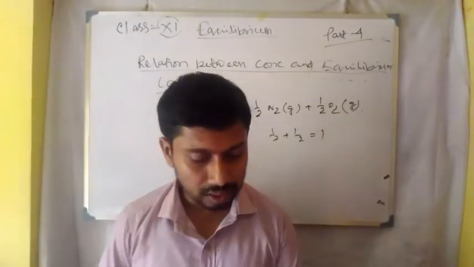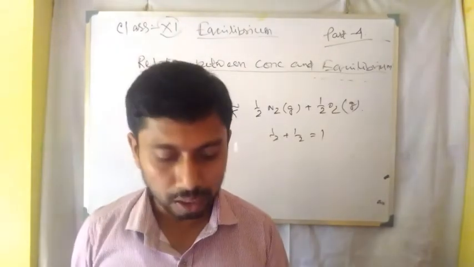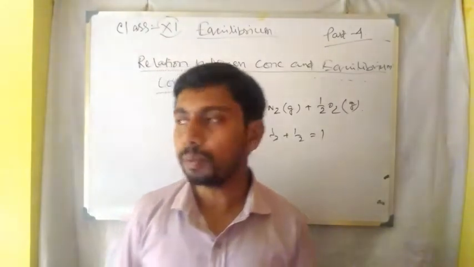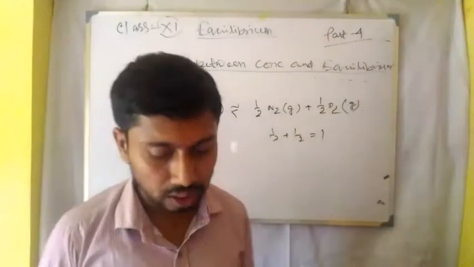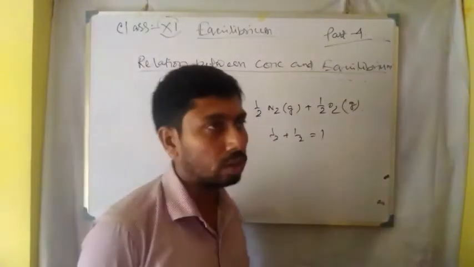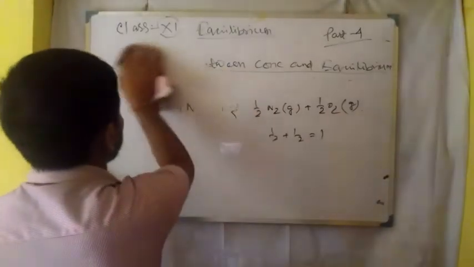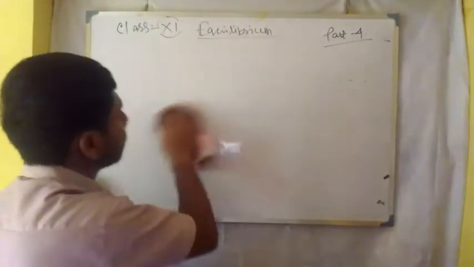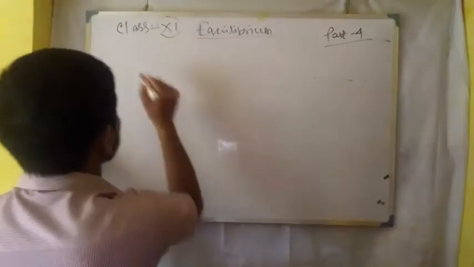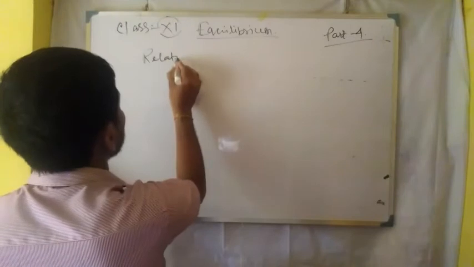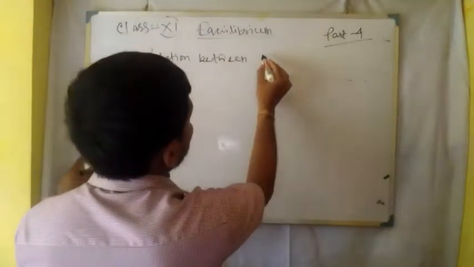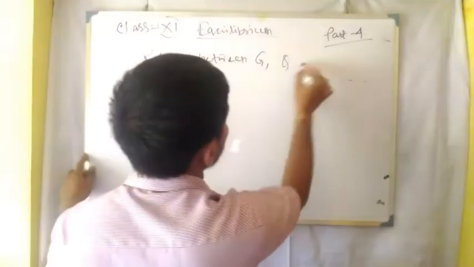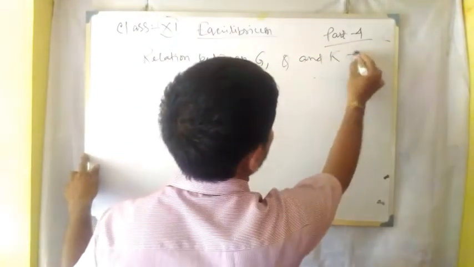Next point, that is the next part of the previous day, the application of equilibrium constant. It is the relationship between K, Q and G, which I told you about yesterday.